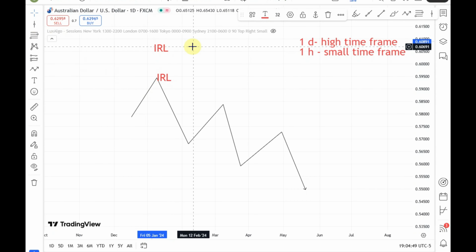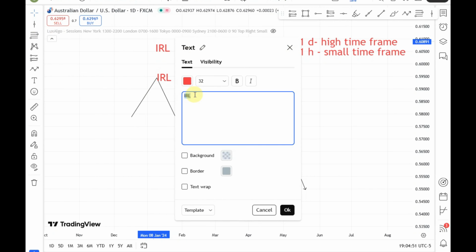IRL stands for internal range liquidity.